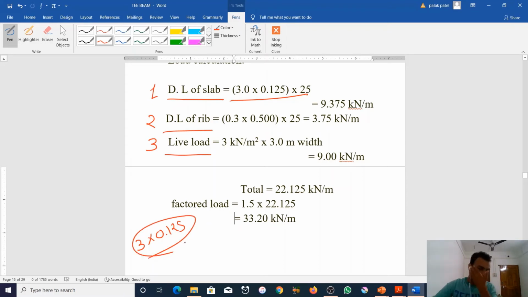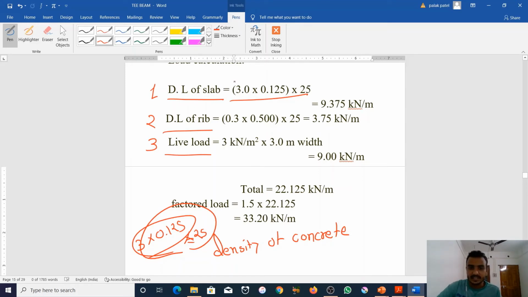So the cross section area into 25, where 25 is the density of concrete.